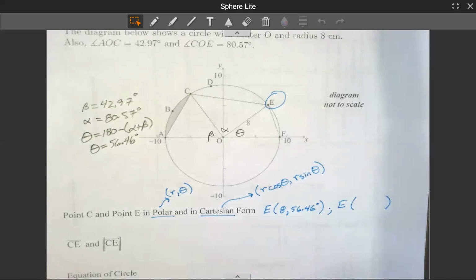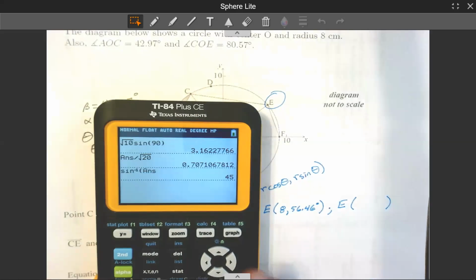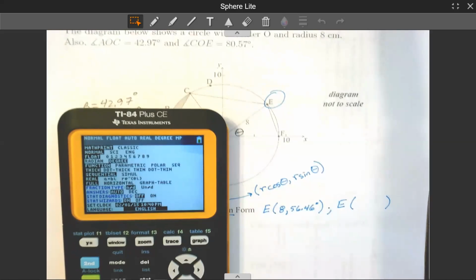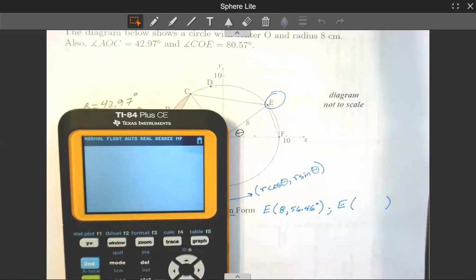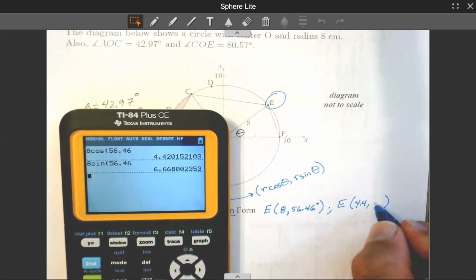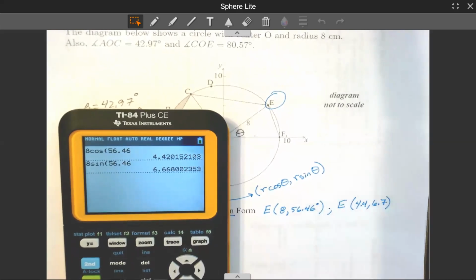We would need to make sure that we are in degree mode. We are. And then I just need to do 8 cosine of 56.46 and 8 sine of 56.46. And so, to one decimal place, E would also be given by 4.4 comma 6.7.